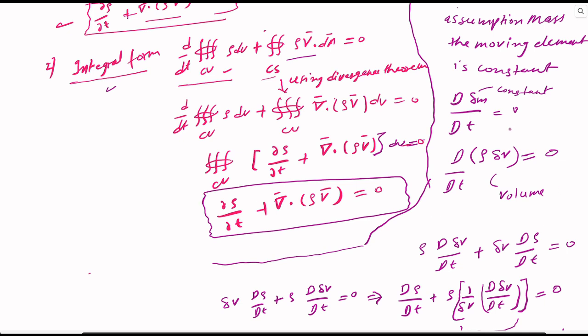But in the Lagrangian approach, we assume delta m, the mass, is constant. So when we differentiate dm, we can rewrite delta m as density times volume, where the volume is the control volume.